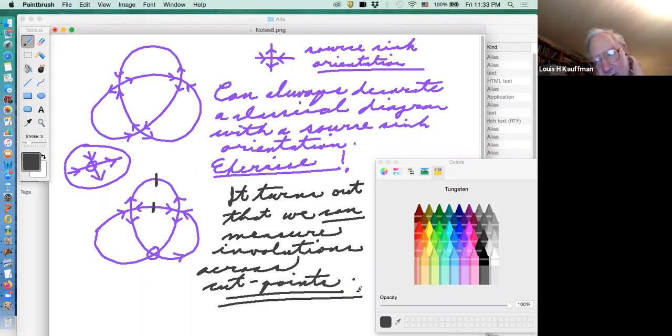So instead of counting virtual crossings, we count passages through cut points. And then we can systematize exactly where the cut points are and make this scheme, which I told you about, actually work. And let me give you a quick tour of what that looks like.